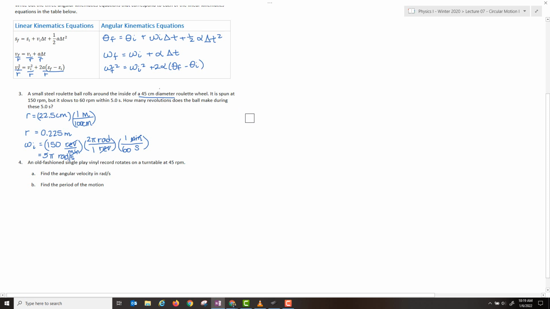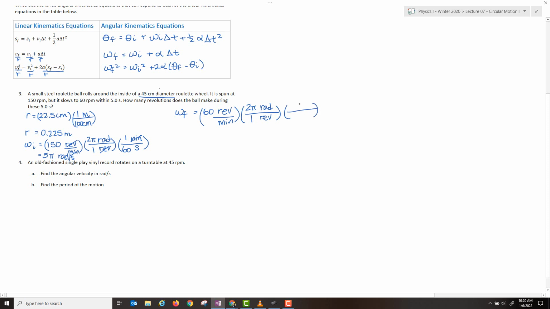So that's my initial omega, and now I'm going to find my final omega, which it tells me it slows down to 60 revolutions per minute. So 60 revolutions per minute. Again, I need to change the units. It's the exact same thing I did before. So I want to get rid of revolutions. Instead, I want radians. So 2 pi radians is the same as 1 revolution, 1 complete circle.